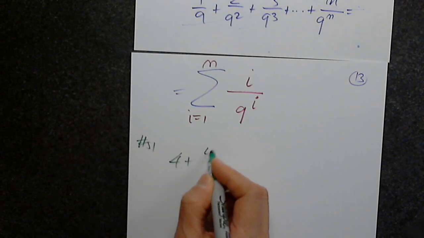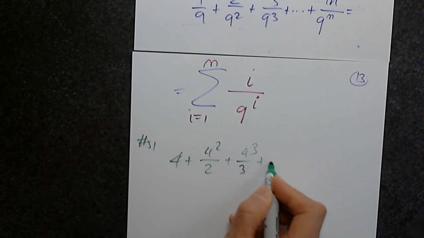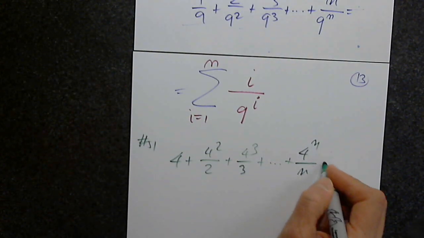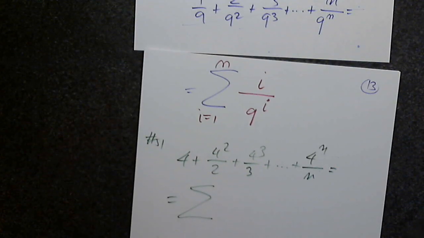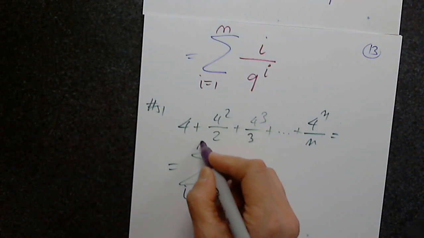So 4 plus 4 squared over 2 plus 4 cubed over 3 plus dot, dot, dot plus 4 to the n over n. Summation notation, sigma, from i equals 1 till n, very good.